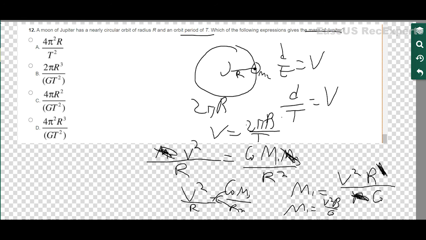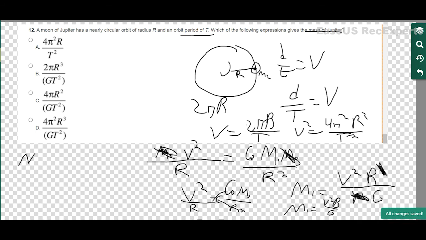But now we found v, so we'll replace v by that. Let's find v squared. V squared will be equal to 4 pi squared times r squared over t squared.